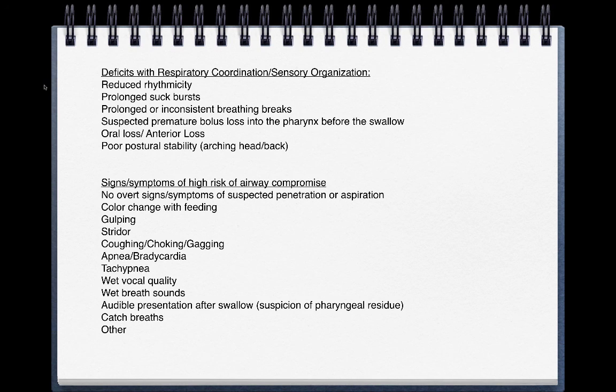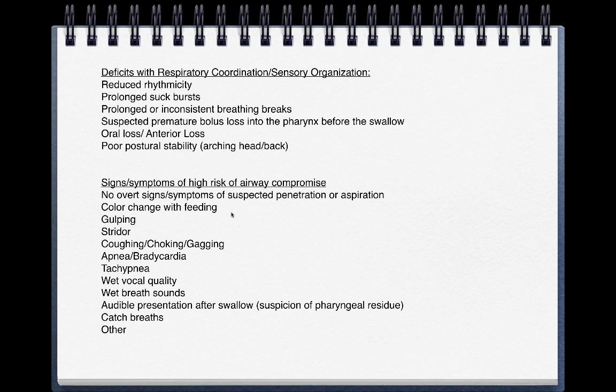You're going to notice, again, under two other categories, certain patterns that have to do with respiratory coordination, as well as any symptoms that suggest there is airway compromise in the baby who is feeding. So that's going to be everything from color changes, becoming less pink and more blue while feeding.